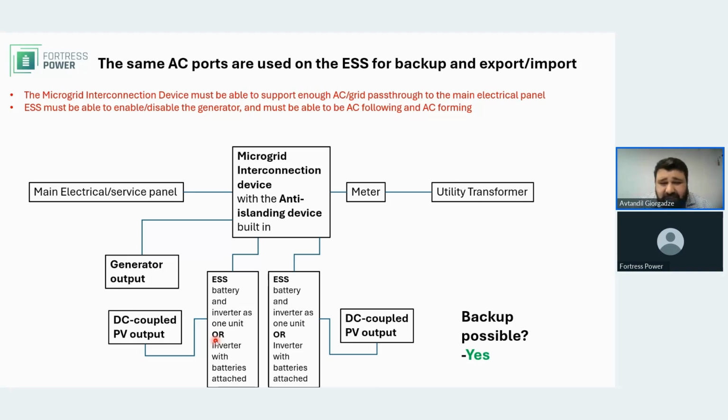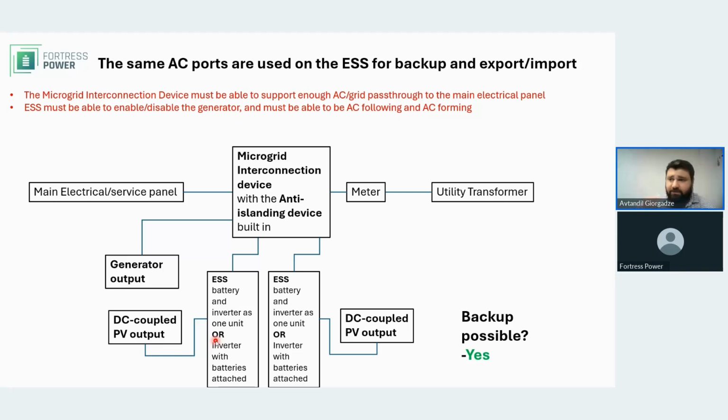This actually is my preferred method, if it's possible to have DC coupled PV connected to the energy storage system as one device, or to connect the DC coupled PV to the inverter directly. This is my preferred method because this is more of a controlled environment. Plus, it's more efficient charging because it's DC to DC charging.